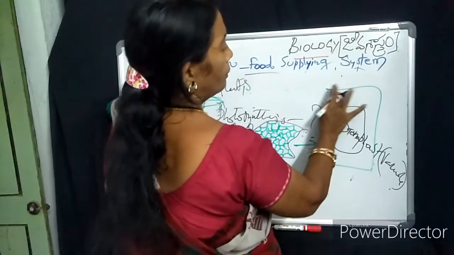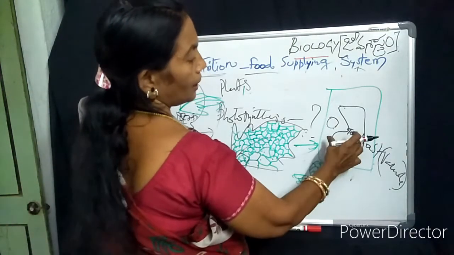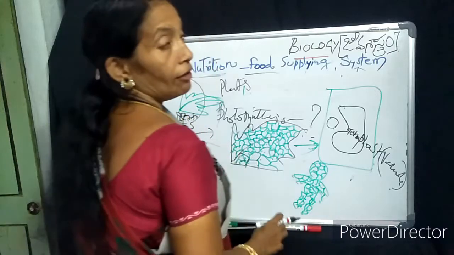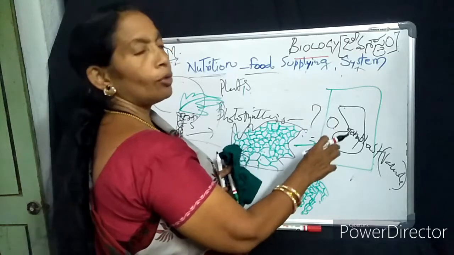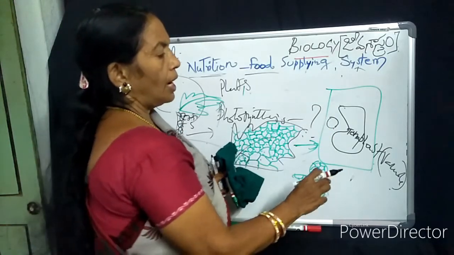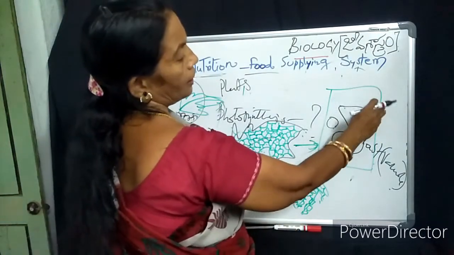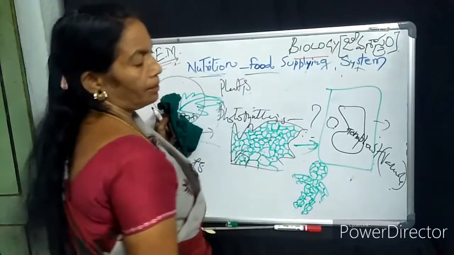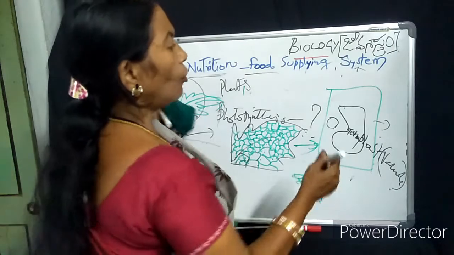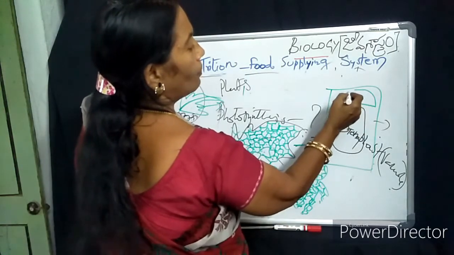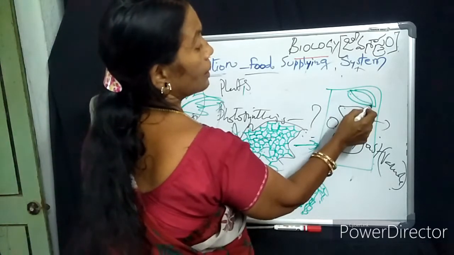So the center of every plant cell has the tonoplast, and the nucleus will be pushed towards the plasma membrane.